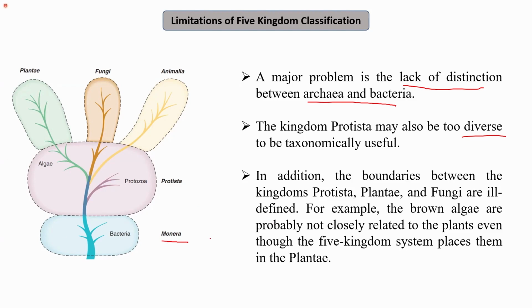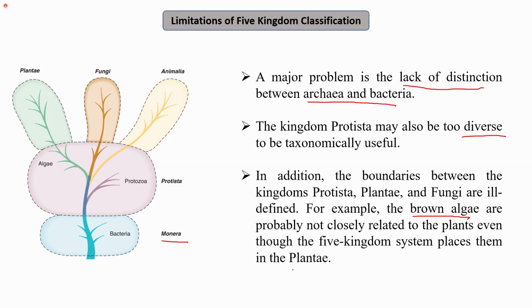There are certain examples. For example, the brown algae are probably not closely related to the plants, even though the 5 kingdom system places them in the plantae. Now when we know the genetic composition of the organisms, when we can understand the genetic similarities between different organisms, we understand that the brown algae are not at all closely related to the plants.